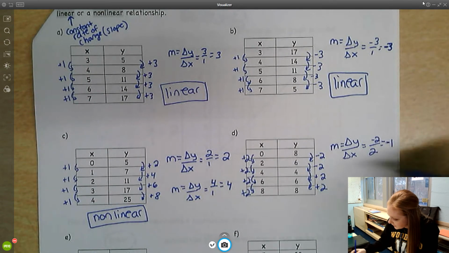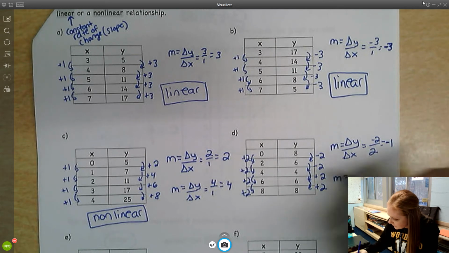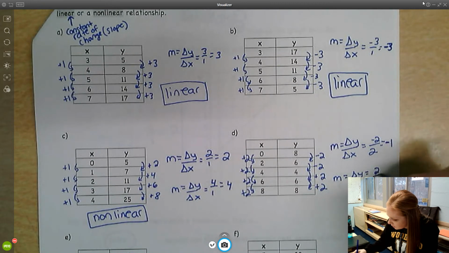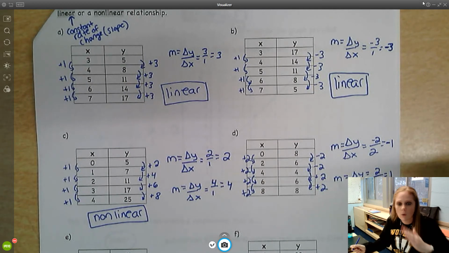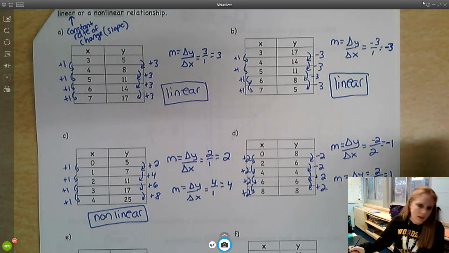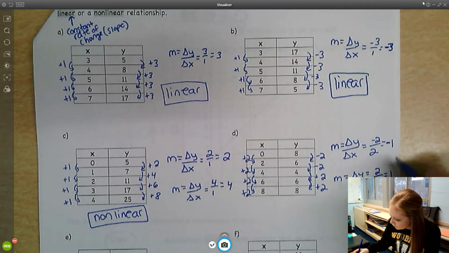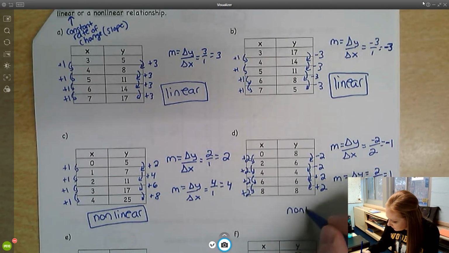So that simplifies to -1. And then here it's the same, but what about down here? Our change in y was +2 and our change in x was +2, so that would be +1. So this graph is kind of going like -1, +1, -1, +1. This is not linear. The rate of change is varying.